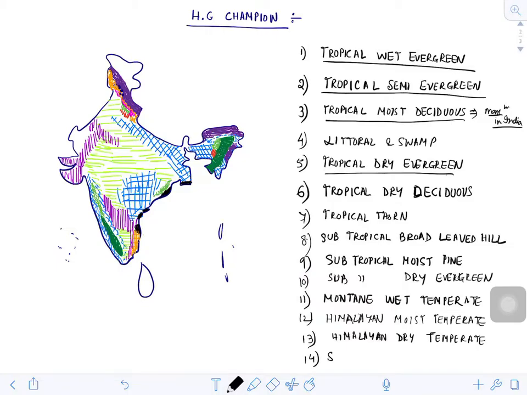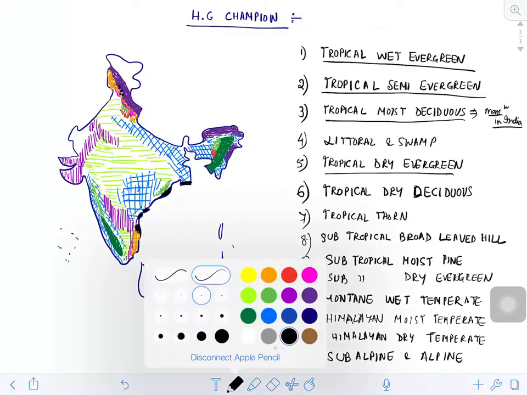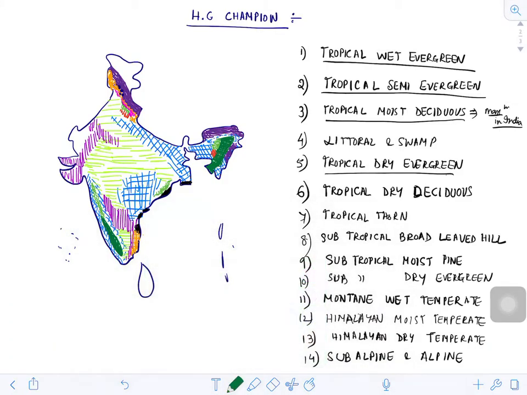Then we have lastly subalpine and alpine, which is mainly found in this area. I'm out of colors.